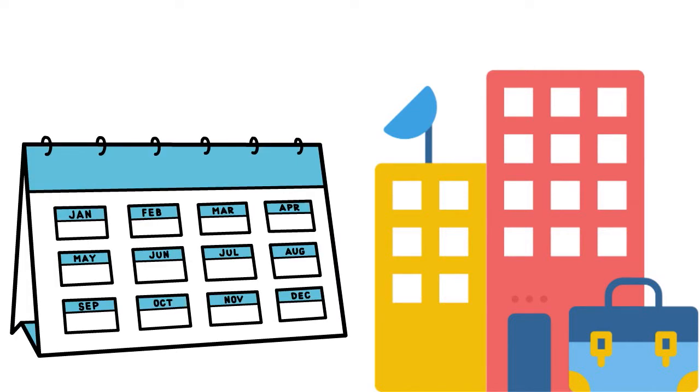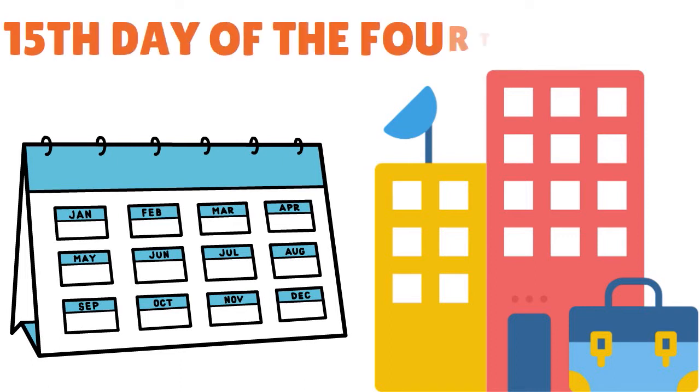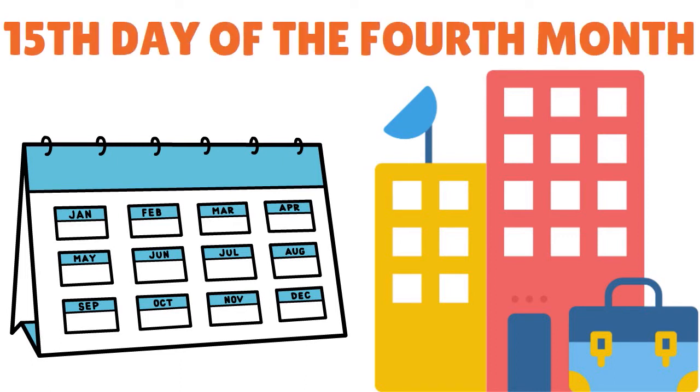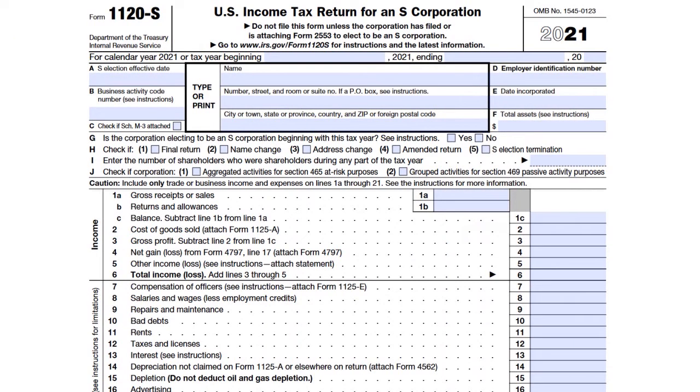The due date is the 15th day of the fourth month after the end of your corporation's tax year. You also have Form 1120S for S corporations. So Form 1120 is for C corporations, and Form 1120S is for S corporations. This is really important to know, because if you have an S corp, you need to file Form 1120S.